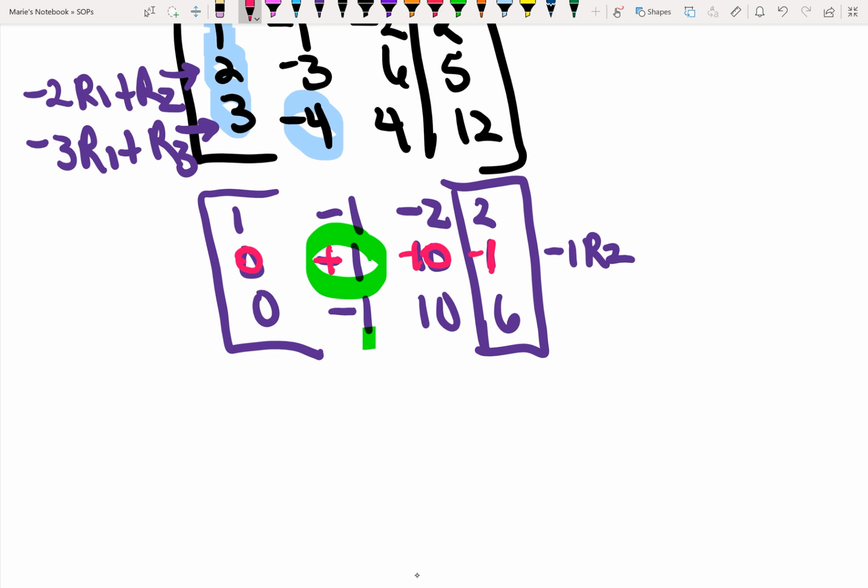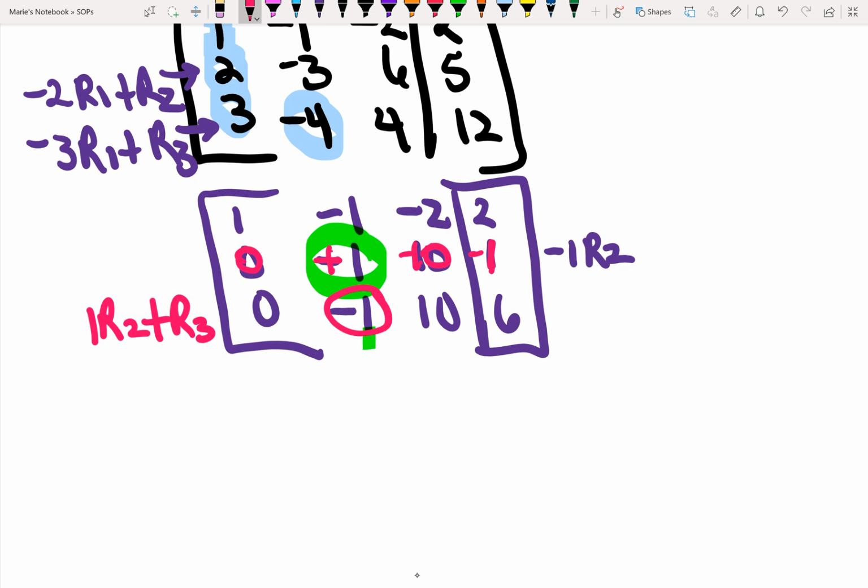While I have managed that, I then want a 0 here. So I want a 0 in the first column. So what if I did 1 times row 2 plus row 3? What happens when I do that?